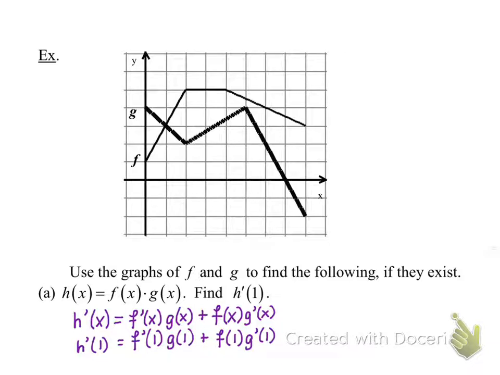F prime of 1, the slope of f at 1, is 2, g of 1 is 3, f of 1 is 3, and the slope of g at 1 is negative 1. So you get 3 for your answer.